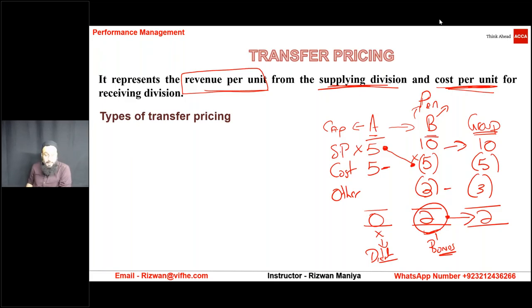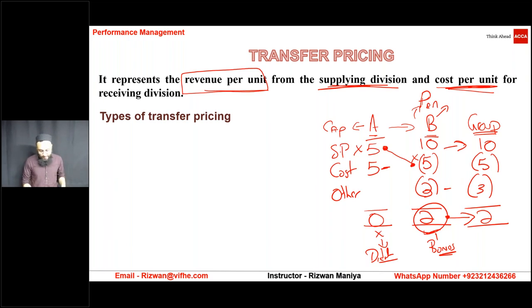Now A realized later on that we both are profit centers, and being profit centers, we need to earn profits. So now what will A do? Just listen to what I'm saying.